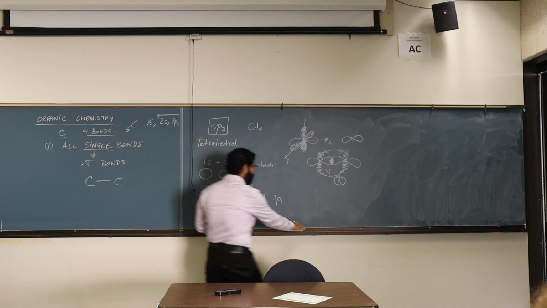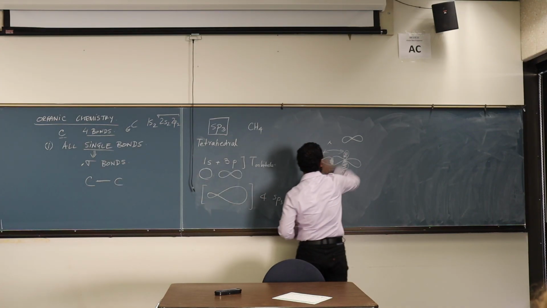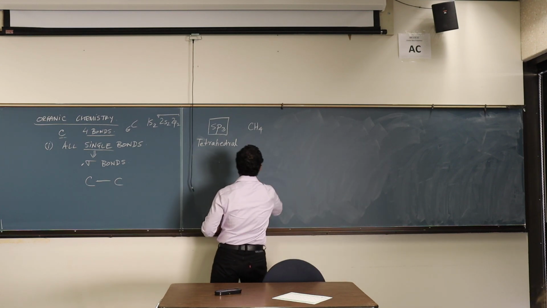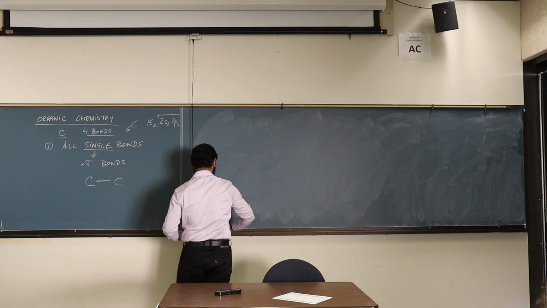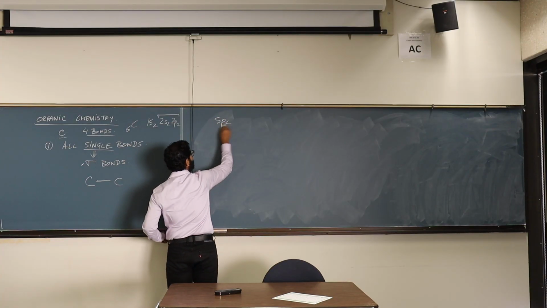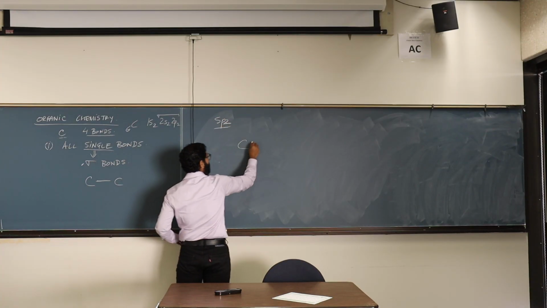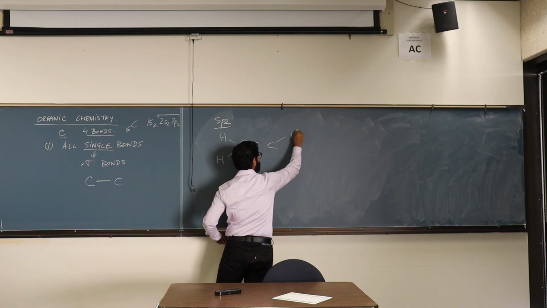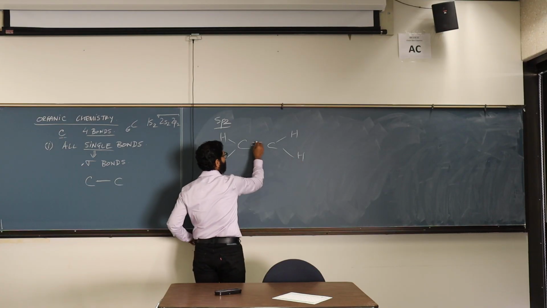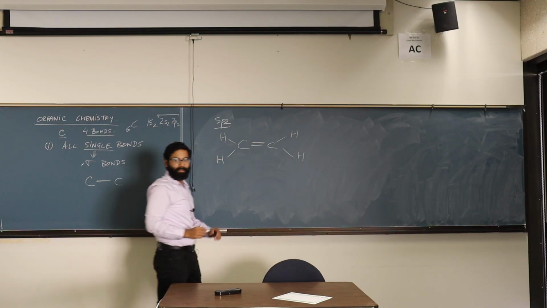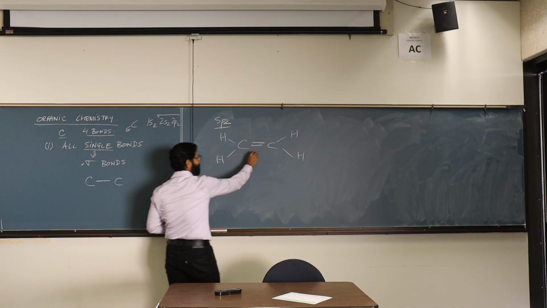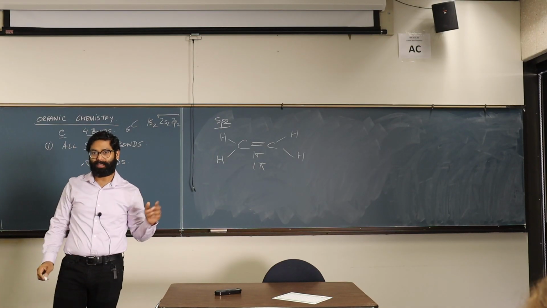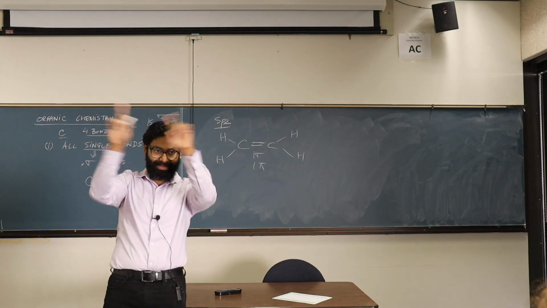But when you have a double bond, for example here, there are two bonds. So there is one sigma and one pi bond in here. There is one direct overlap and then one interaction.